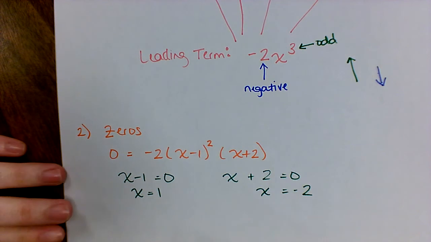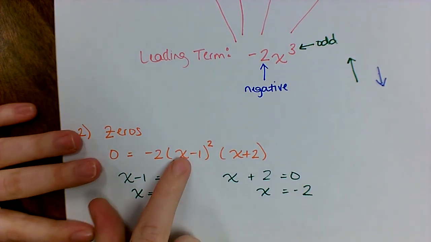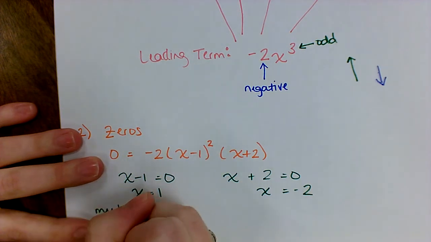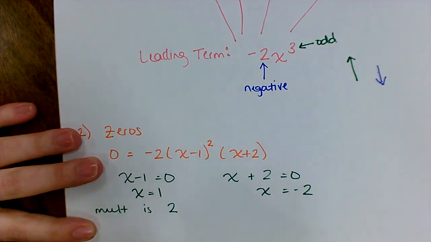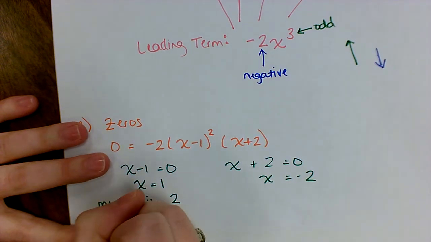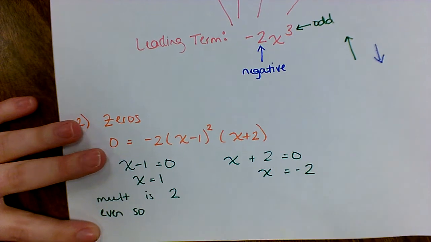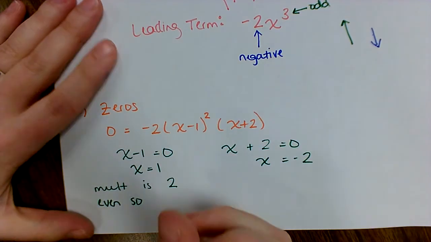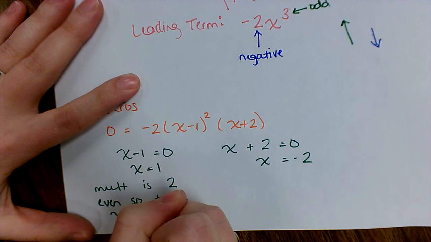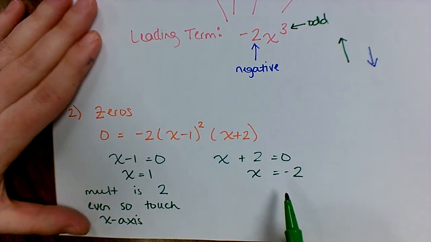So what's my multiplicity for x equals 1? Well, it came from this factor, x minus 1 had a square on it, so its multiplicity is 2. 2 is even or odd? Even. So that means it is going to touch my x-axis. x equals negative 2.